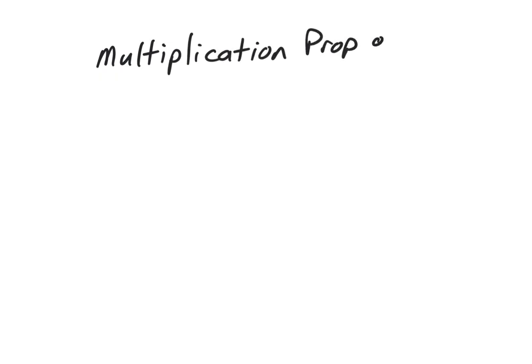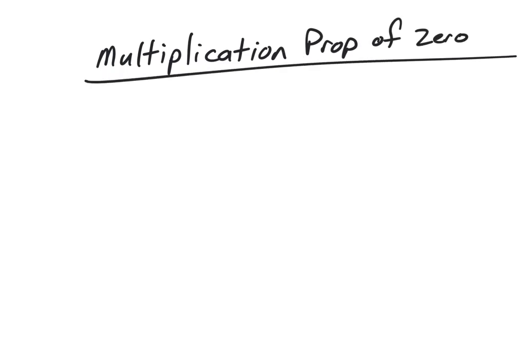This one does not have two properties. This is the multiplication property of 0. And the name pretty much tells you everything you need to know. We are multiplying something times 0.